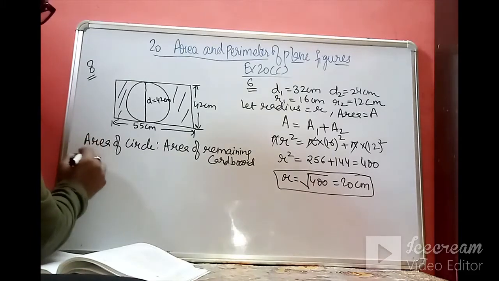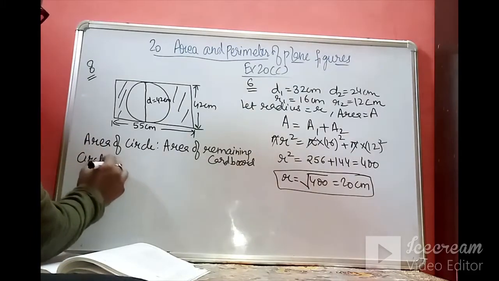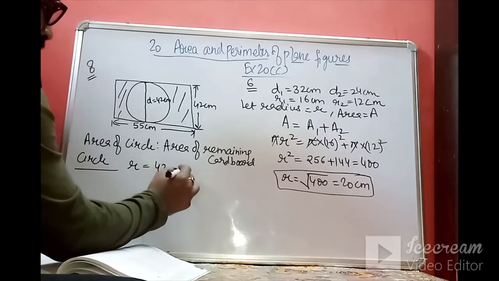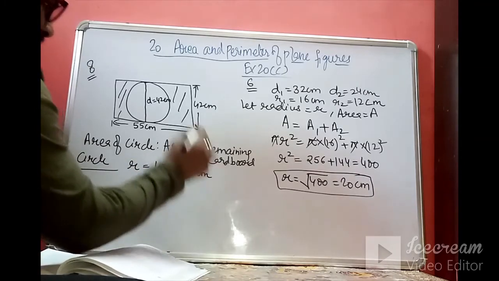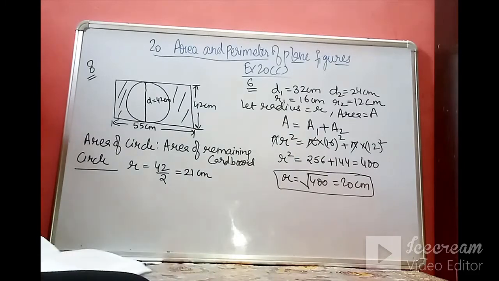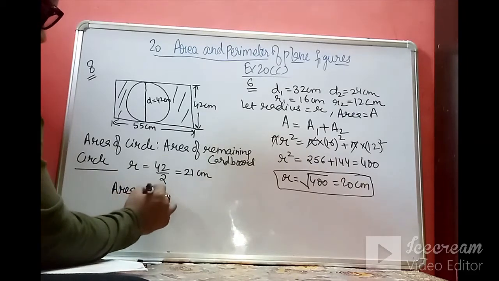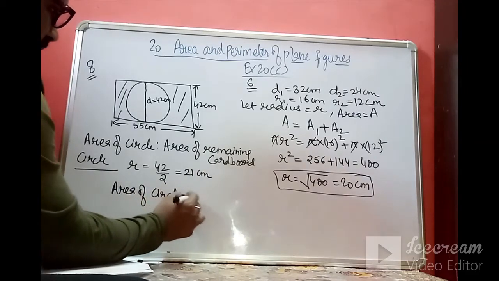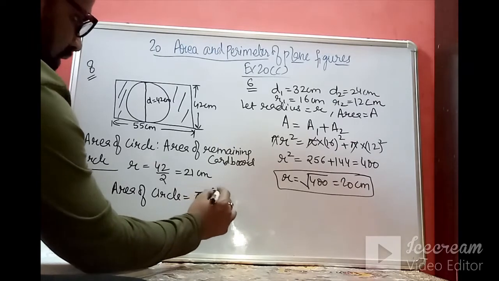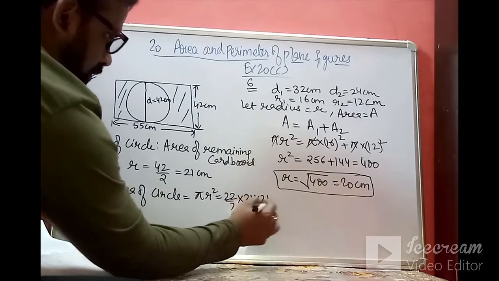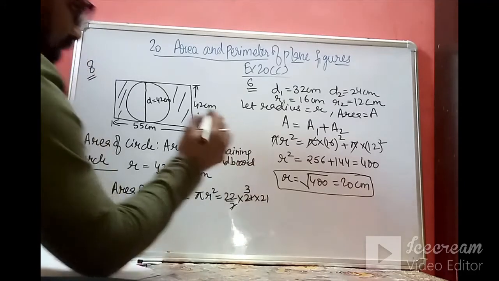So first we will do the calculation for circle. So for the circle, what will be the radius? 42 by 2, that is 21 centimeter. So what is the area of the circle? Area of circle we can find pi r square, that is 22 by 7 into 21 into 21.